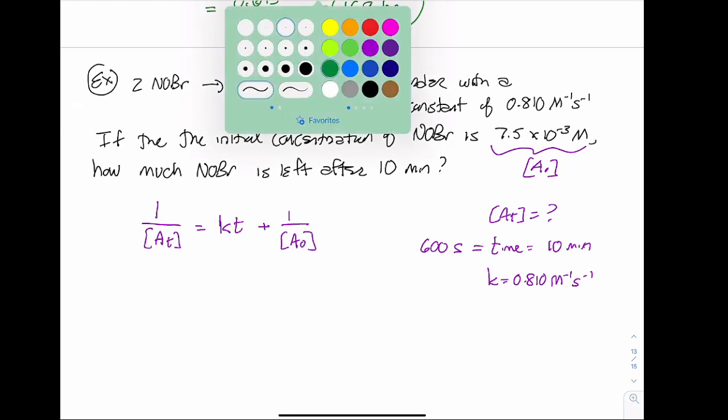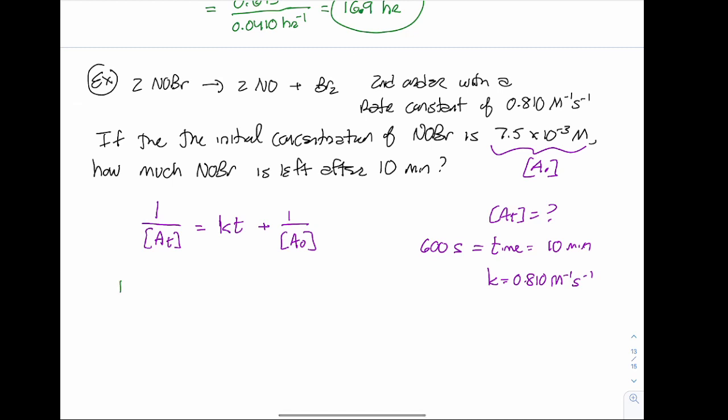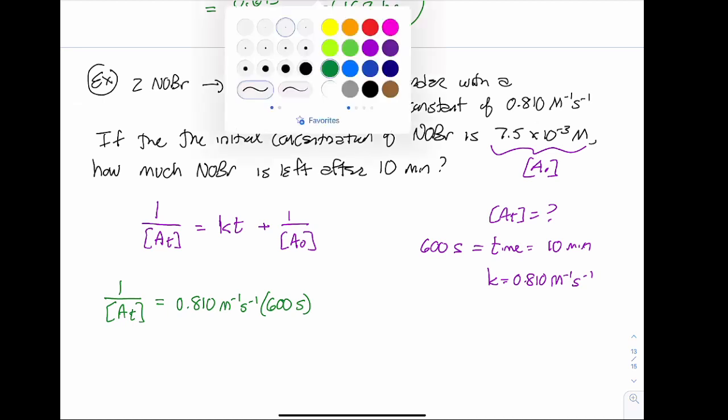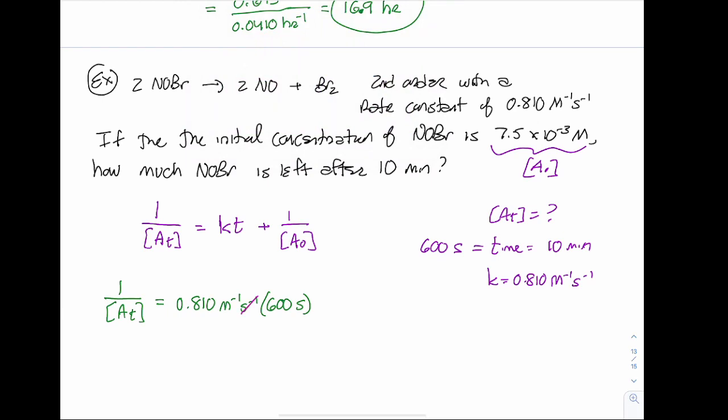Okay, plugging everything in now, which we can do. Equals. This is where, if you forgot to convert your time to seconds, hopefully you would catch it, because we do need to be able to cancel these out.